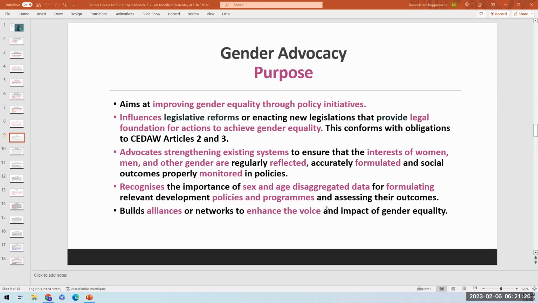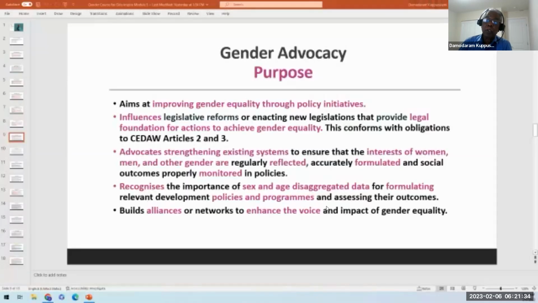And lastly, gender advocacy is strengthened by alliances, because I think one of you talked about voices. How do we represent? We may represent, but what is more important is that the people who are experiencing the problem need to voice it.